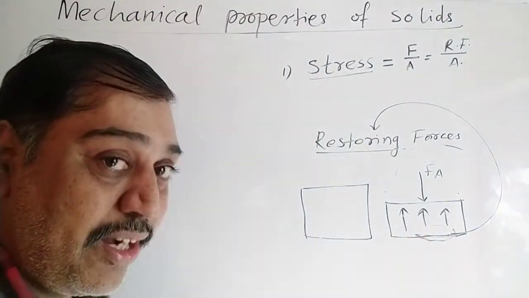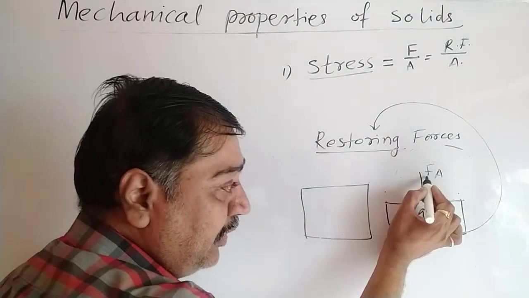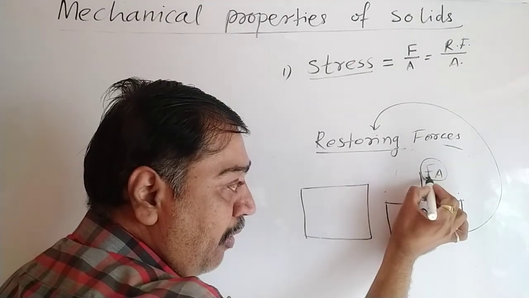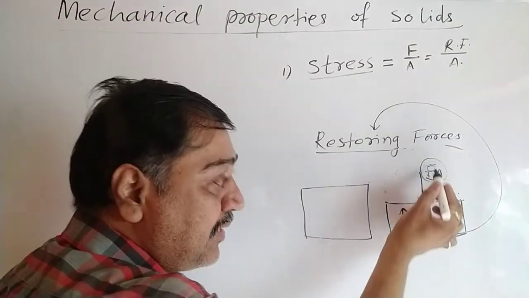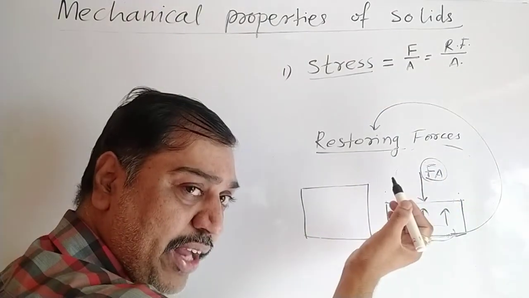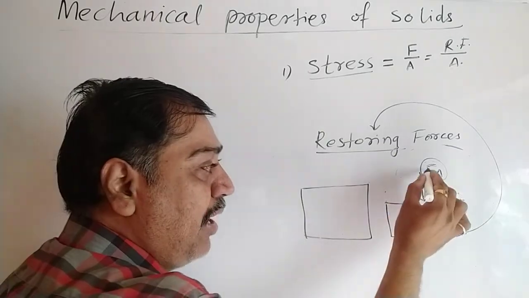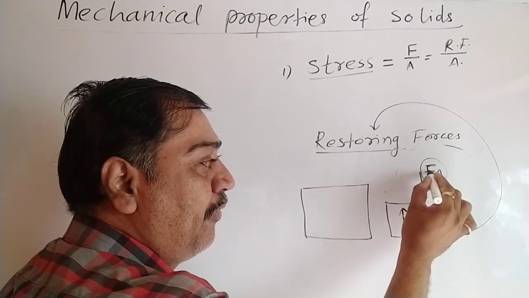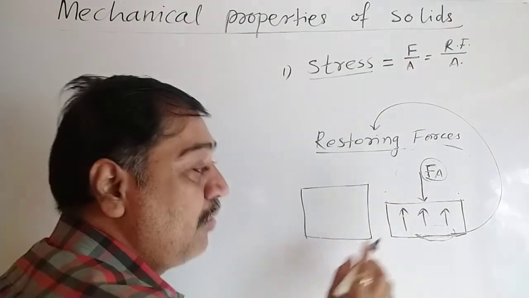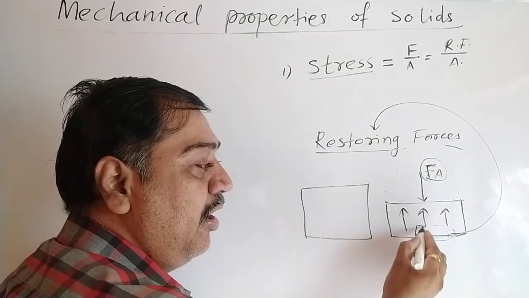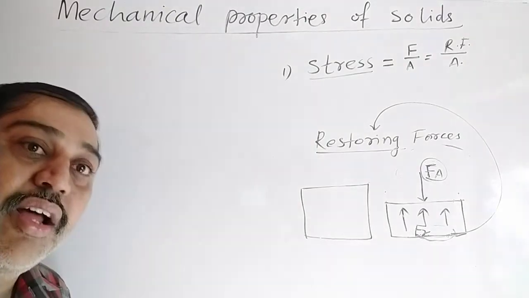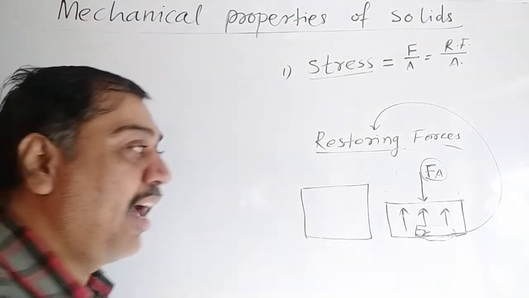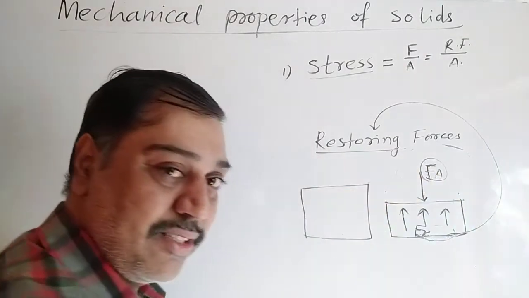So if you know how much force we are going to apply, the FA, the same amount of force in the opposite direction will be created. That's why by measuring the applied force, we are measuring the internal restoring forces, which are equal to the applied forces.